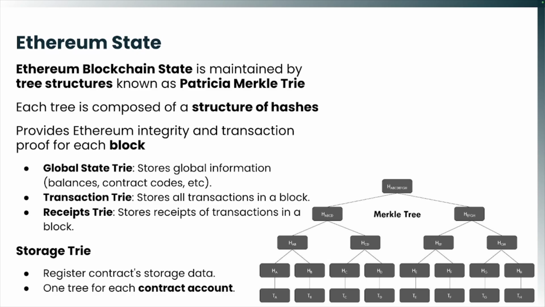Finally, the storage tree registers smart contract stored data, so each contract has its own separate storage structure to manage the state. Together, these 4 trees work to preserve Ethereum's integrity, offering a highly efficient and secure way to validate, verify, and prove every transaction on the blockchain.